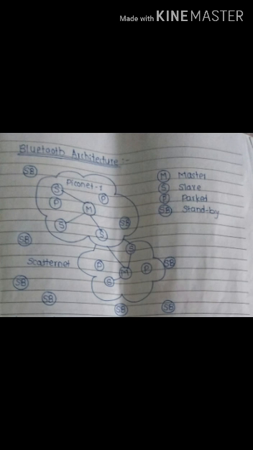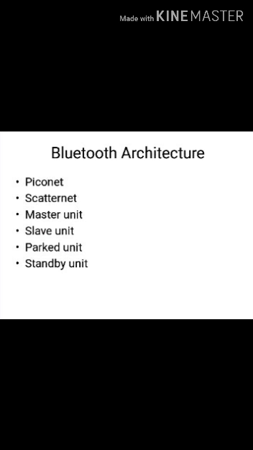First is the piconet. The Bluetooth supports the master and slave concept. It supports both unicast, means point to point, and point to multipoint connection. The piconet is formed by master and slave units. These devices are connected in ad hoc fashion. In such a type, terminal to terminal is connected temporarily.